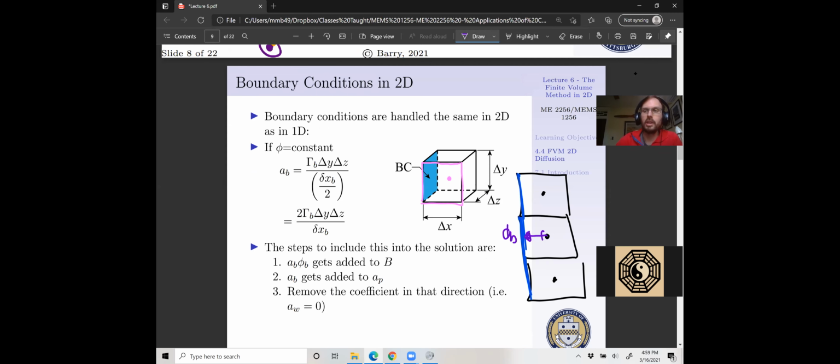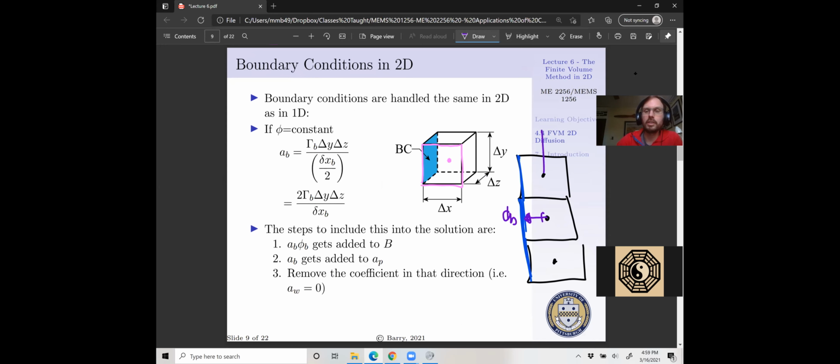And when we evaluate this, our delta x east, or actually this would be delta x west, the distance from our cell centers, is simply delta x over 2. So all we have to do is take the diffusivity at our boundary and divide this by delta x b, which we can denote as just the distance between our cell center to our boundary, which is the same as delta x west in this particular situation, divided by 2. But we carry over our same delta y and delta z that represents the area.